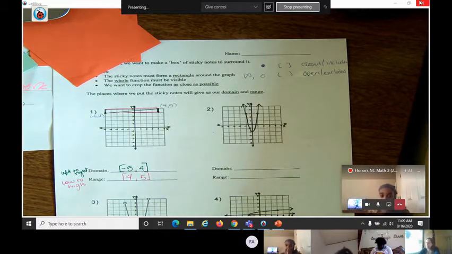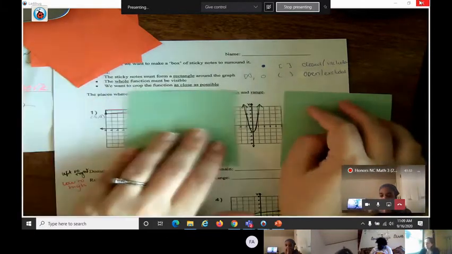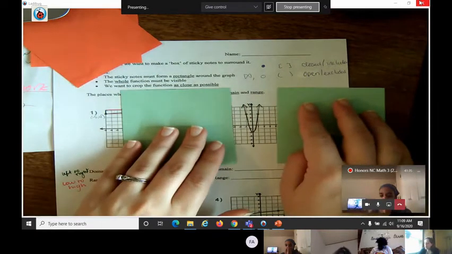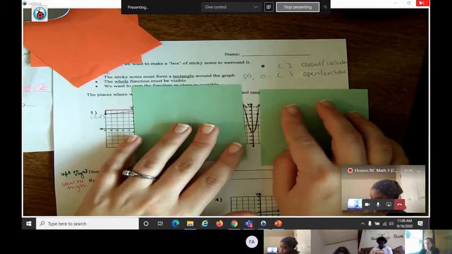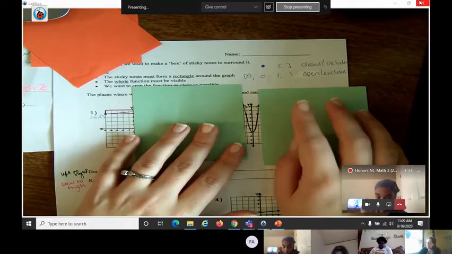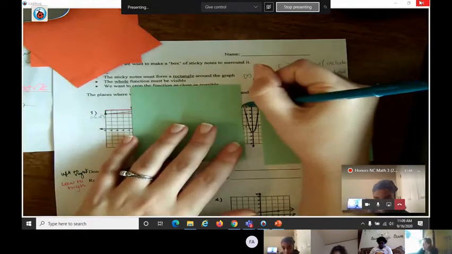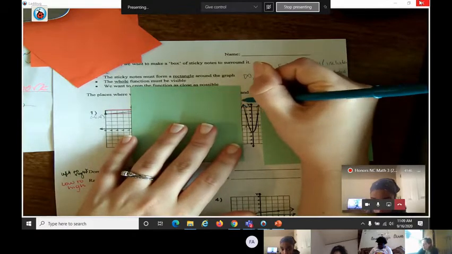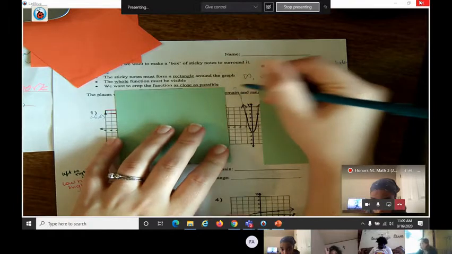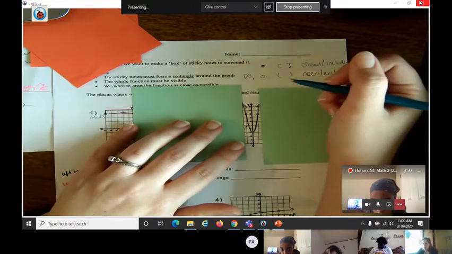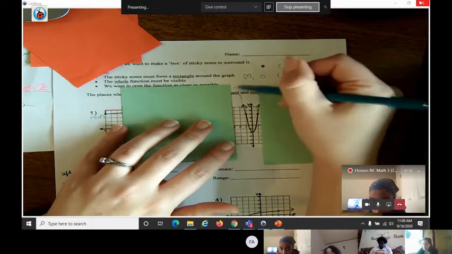Let's start with domain. So I'm going to start on my left and my right. And I'm trying to get as close as possible to my function. Now, some people might do it like this and be like, hey, that works. But these are arrows, which means this function is going to keep going up in this direction, which means that if I put my sticky note this close, I'm covering up part of the graph up here.